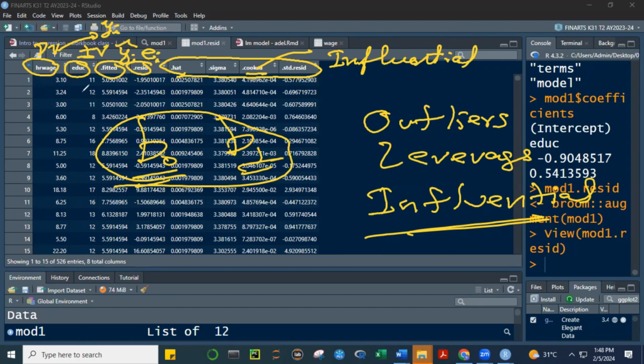So hourly wage, education, and independent variable natin. Ito yung predicted, ito yung error term. Ito yung sinasabi ko sa inyo, class, 526 all in all. 526 predictors, 526 predicted values, 526 residuals. Okay? Sige.